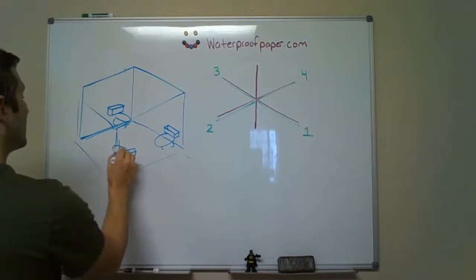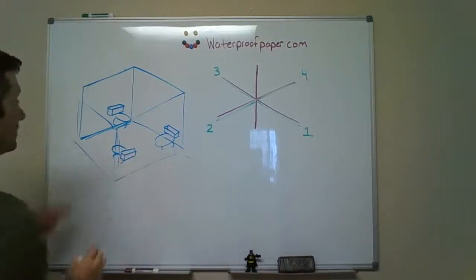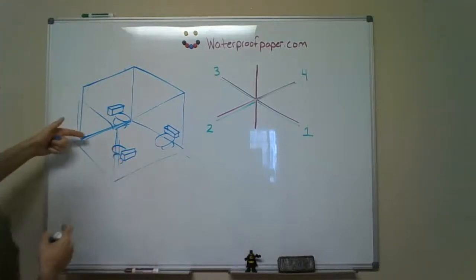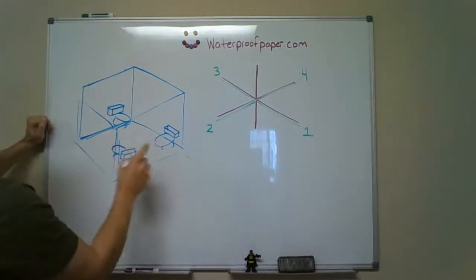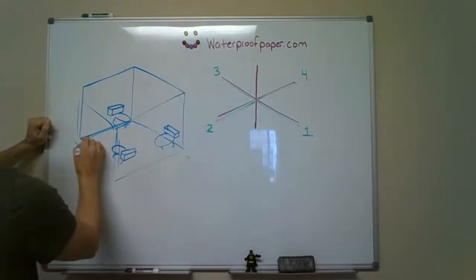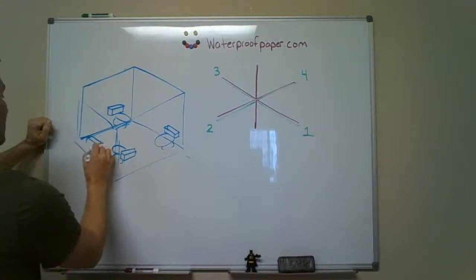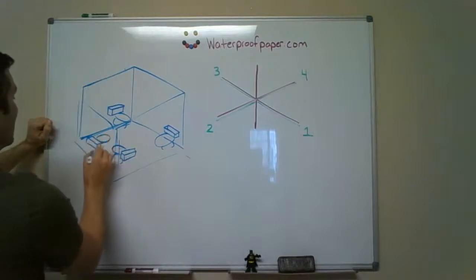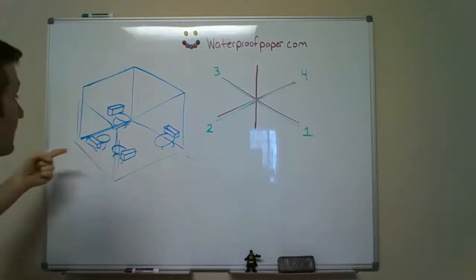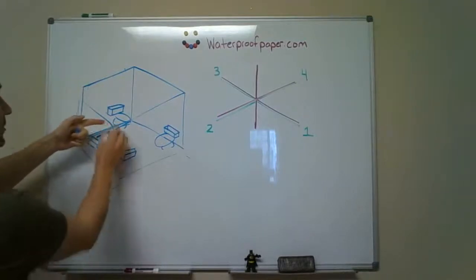The toilet is going out this direction, facing out this way. That would have been number 3. And then number 4 would be as if the toilet was sitting this direction, facing that way.